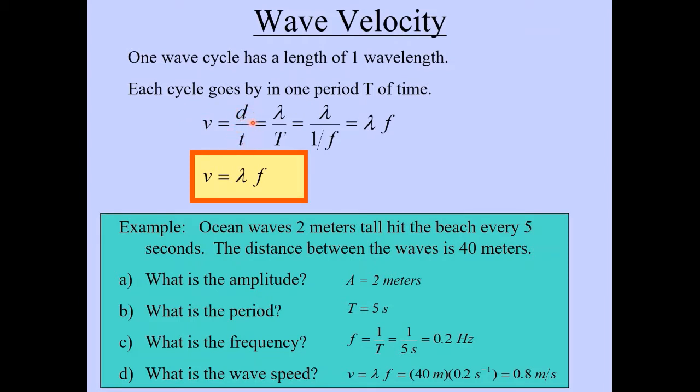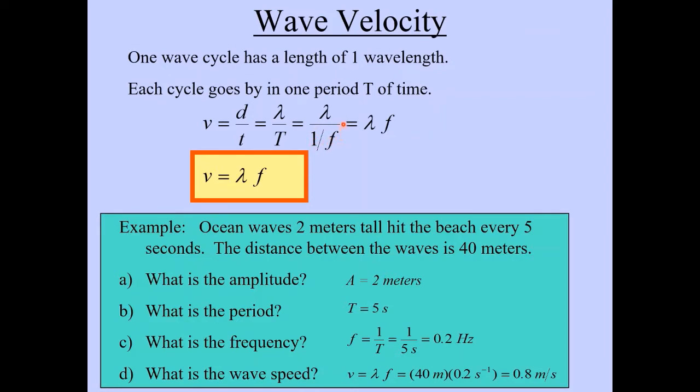So if we let our distance be one wavelength that the wave is going to move, then the time that takes is one period, T. The next thing we can do is remember that period T is equal to 1 over the frequency. And so we have 1 over f down here in the denominator of our fraction.